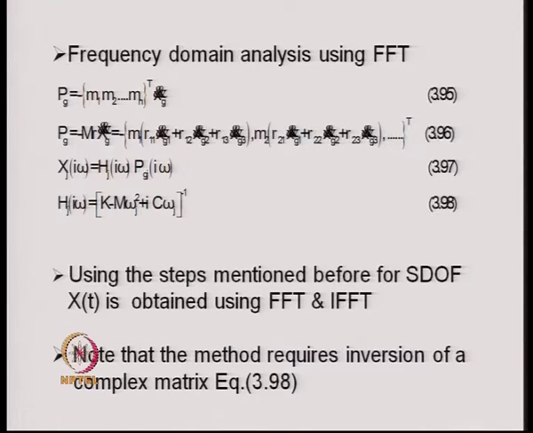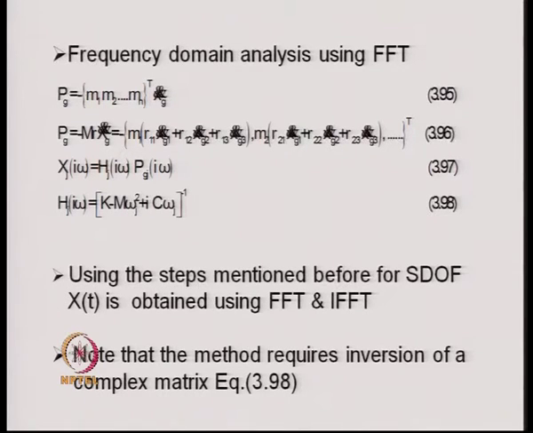The terms of the load vector turn out to be the mass of a particular floor, say the first floor, multiplied by the sum of R11 x double dot g1 plus R12 x double dot g2 and so on, where R11, R12 etc. are the elements of the R matrix that you have obtained before.